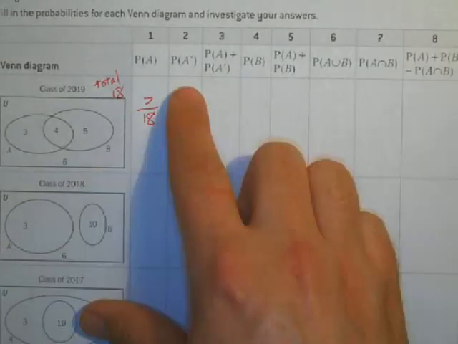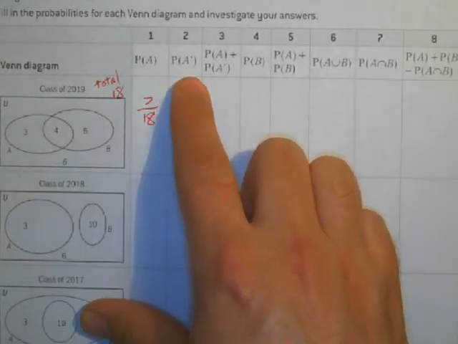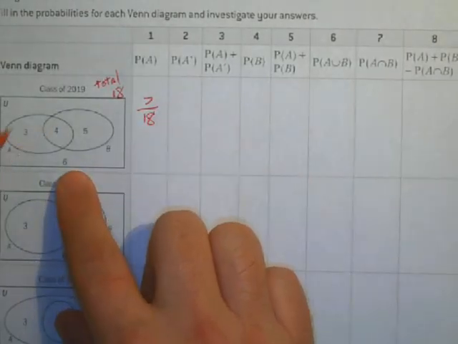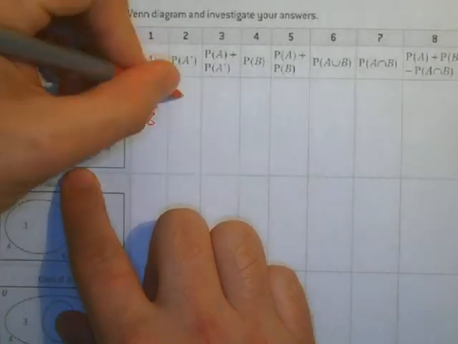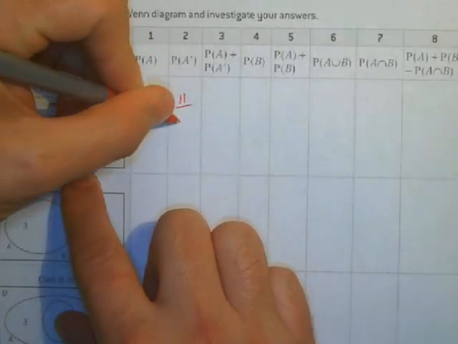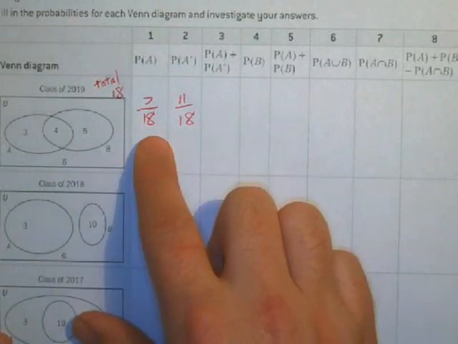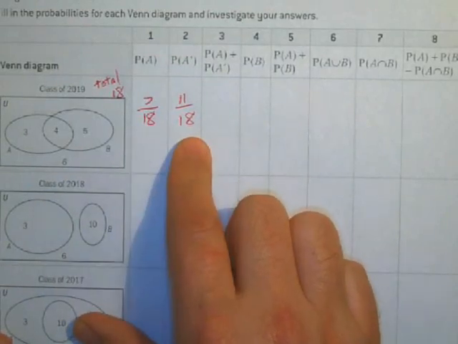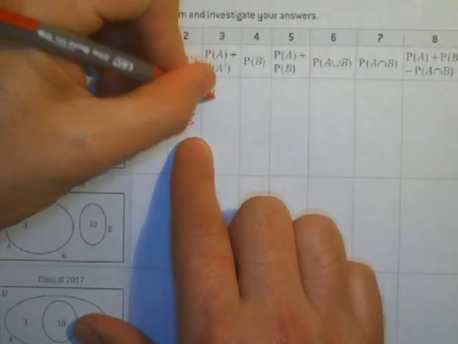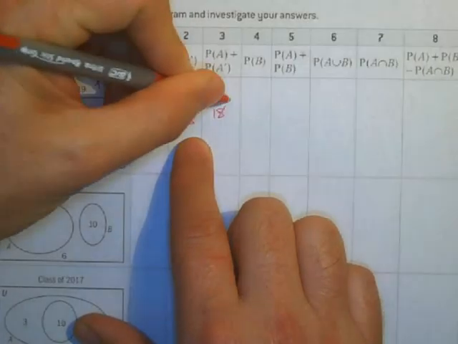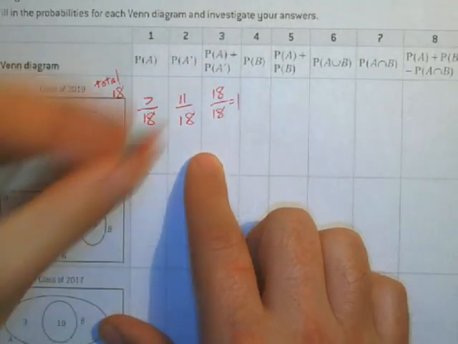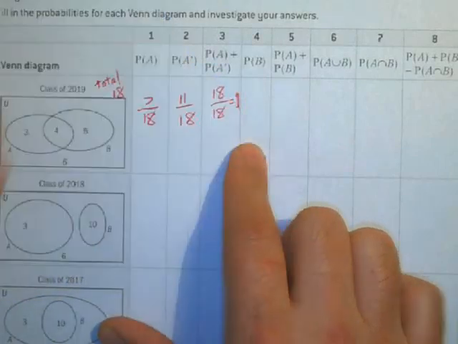The probability of not in circle A is 5 plus 6, which is 11 over 18. If I have 7 over 18 plus 11 over 18, we have 18 over 18, which is equal to 1. Interesting.